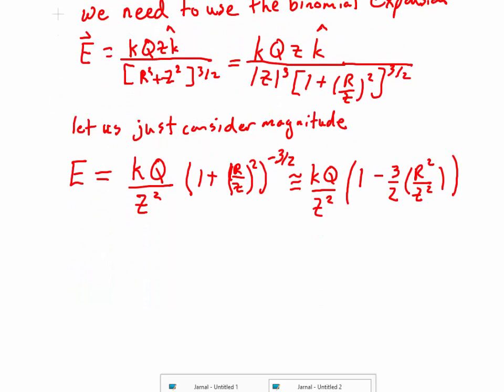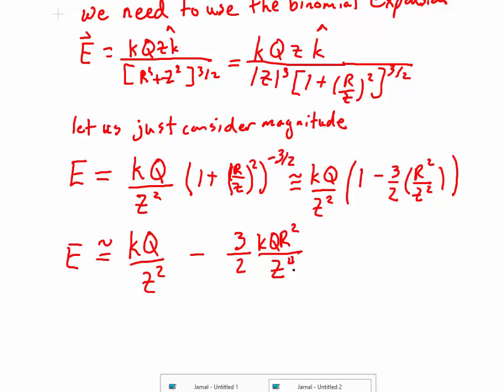Now if we expand that just a little bit, we get that the electric field is kq over z squared minus 3/2 kq r squared over z to the 4th.